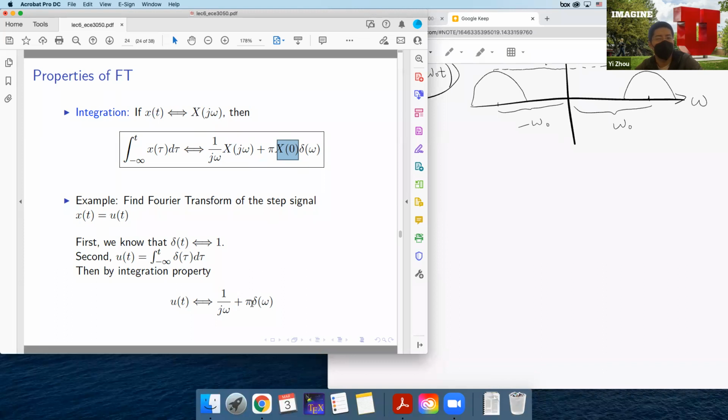So it's plus pi delta omega. Okay, so this delta is caused by the instant jump in the step signal. So it looks a little bit weird.